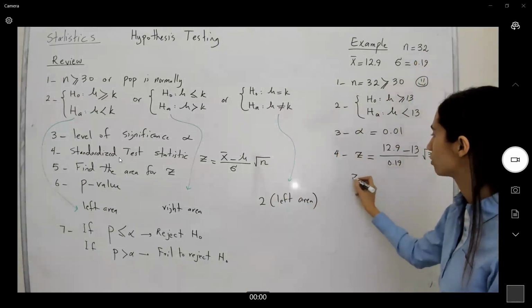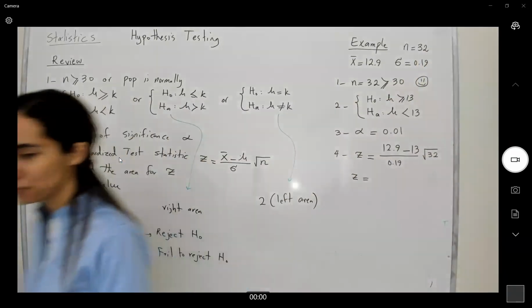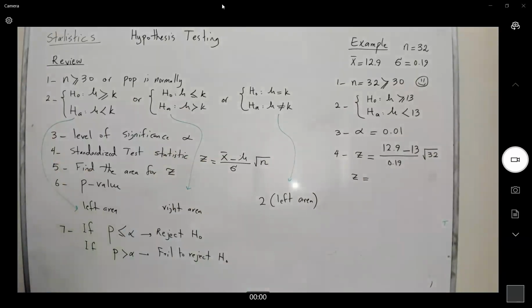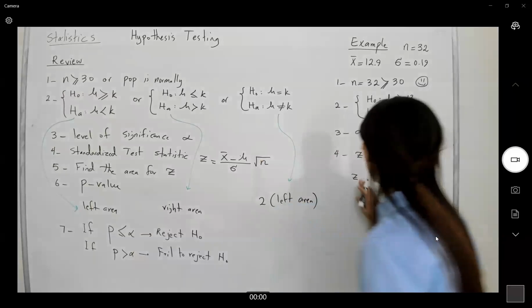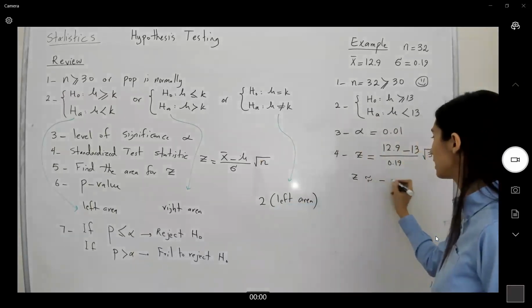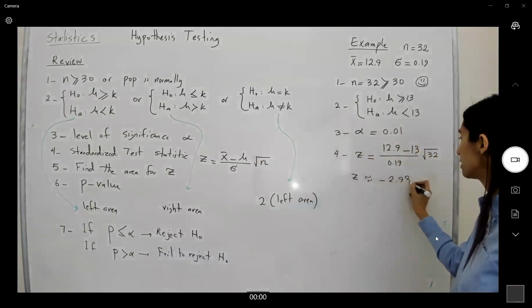So please do the calculation. Find the z value for me. What's your z value? Negative 2.98. Very good. Approximately negative 2.98.